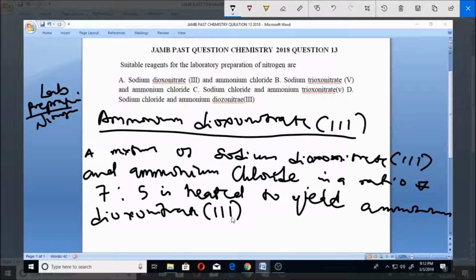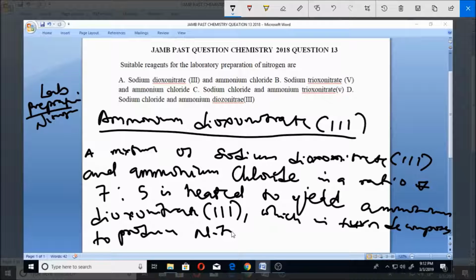This ammonium dioxynitrate 3 in turn decomposes to produce nitrogen and steam. So you see the way nitrogen is produced from ammonium dioxynitrate 3.